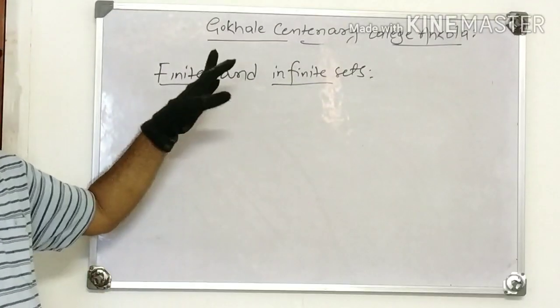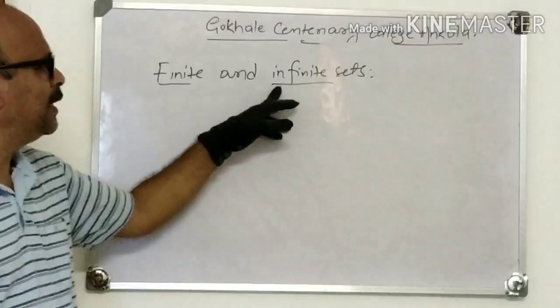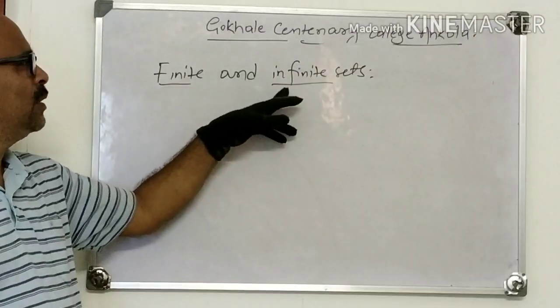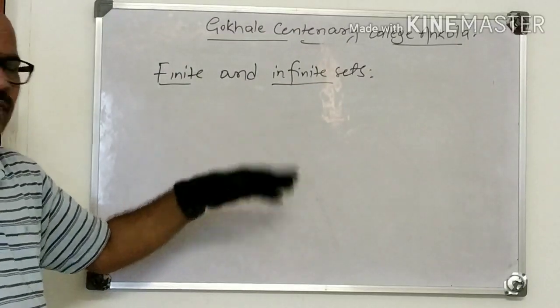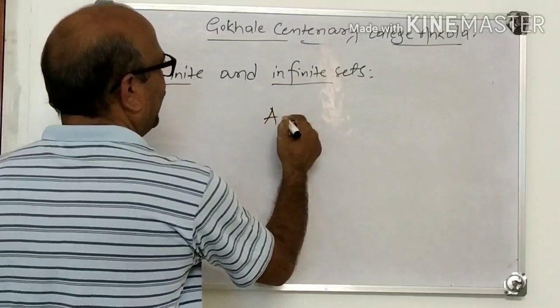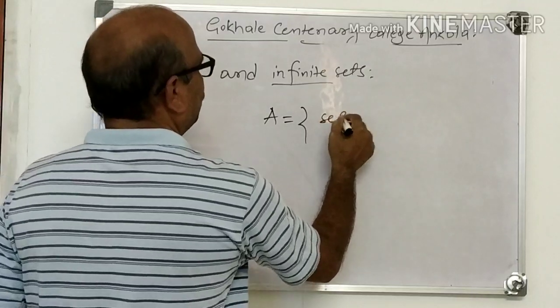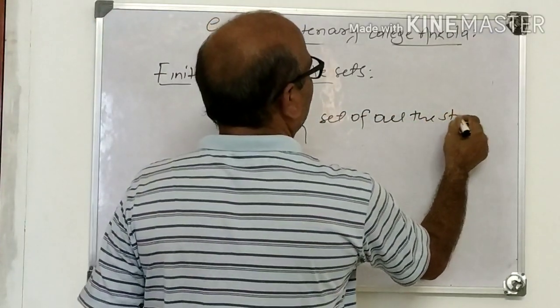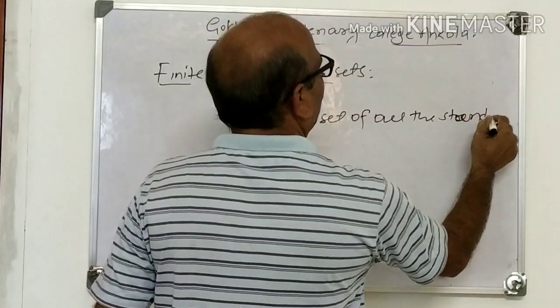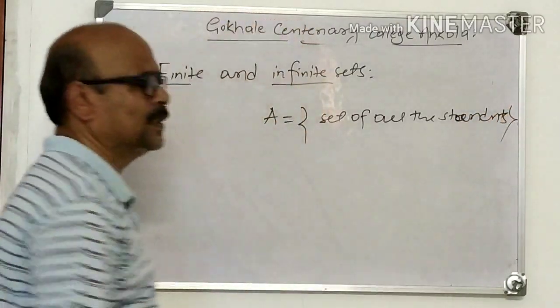Infinite means which is not finite. Elements are infinite. Example for infinite set is naturals, reals, they are all infinite. If I define A is set of all the students, then is it an infinite set?